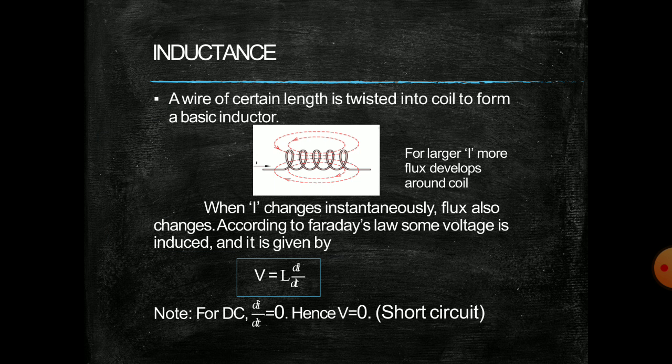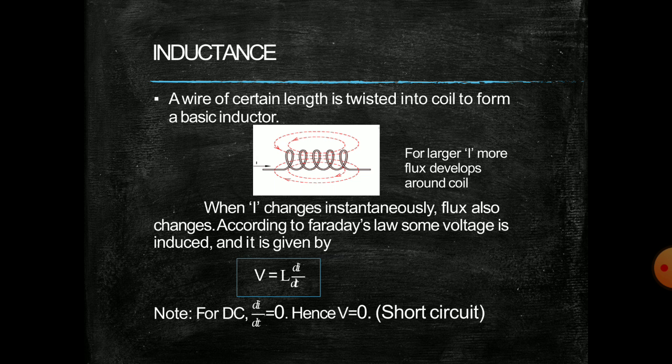Next slide, that is inductance. A wire of a certain length is twisted into a coil to form a basic inductor. You can see in the figure the coil is created. For a larger current, more flux develops around the coil.